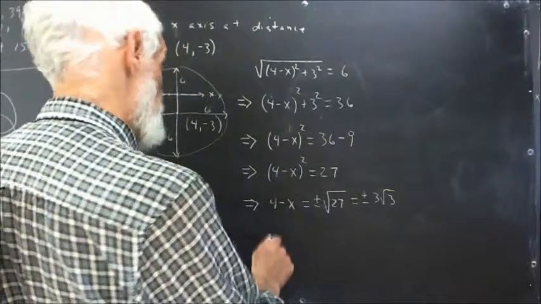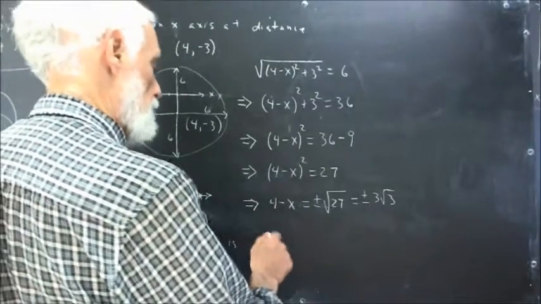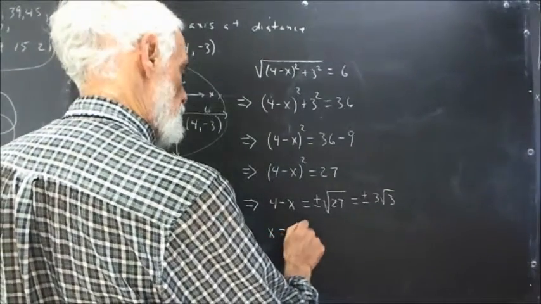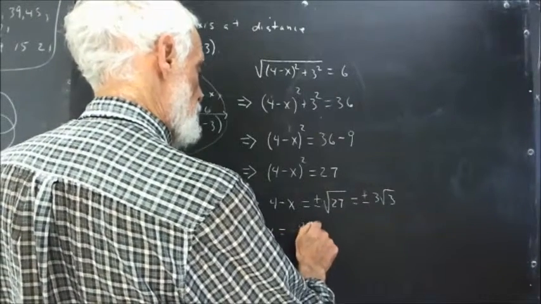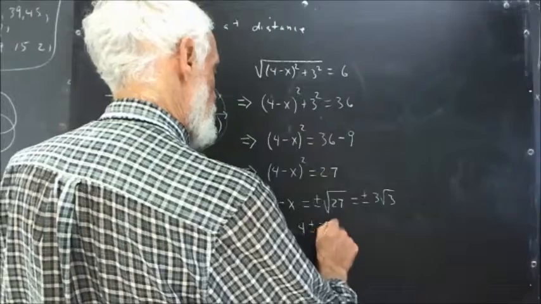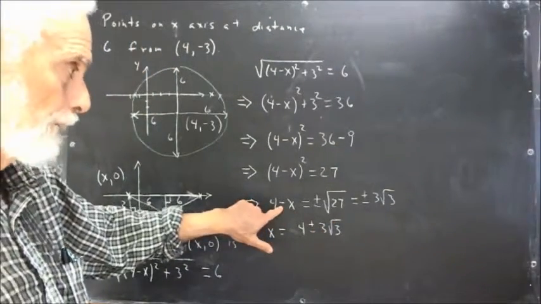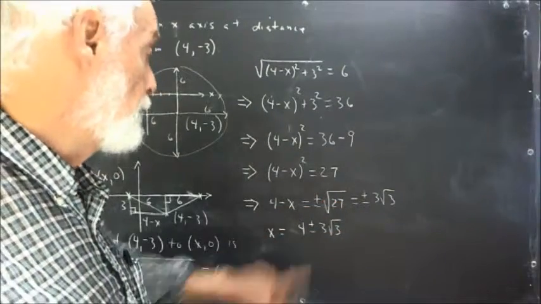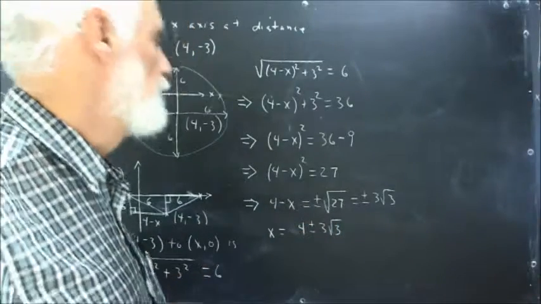So now we can solve this for x. We're going to get actually 4 plus or minus 3 square root of 3. Now, of course, we have minus x here. When we subtract 4 from both sides, we're going to get minus 4 over here. So why is the plus minus still plus minus? Well, it really isn't.